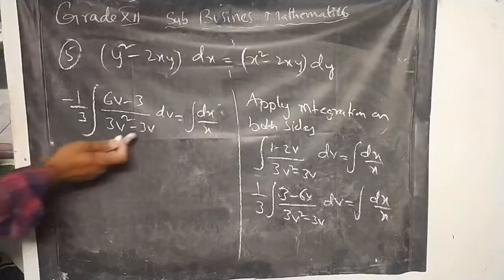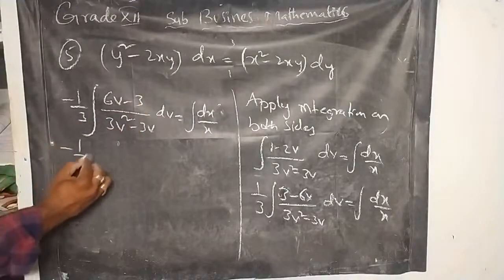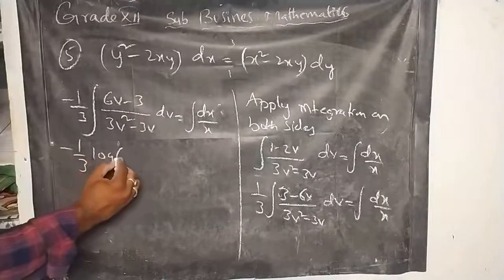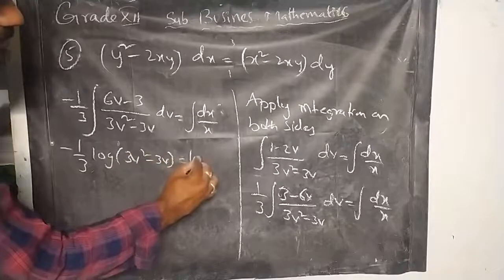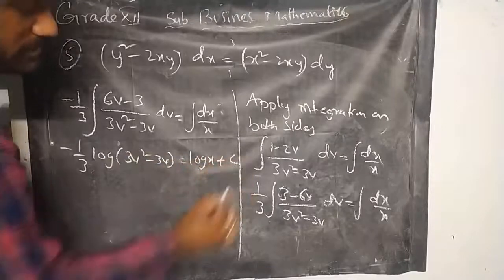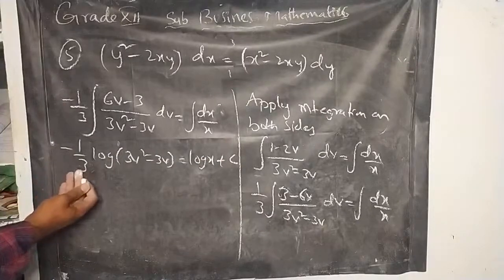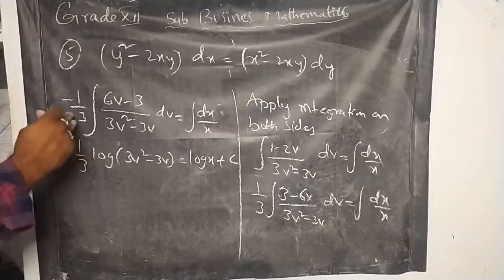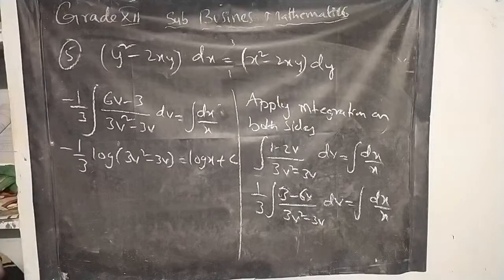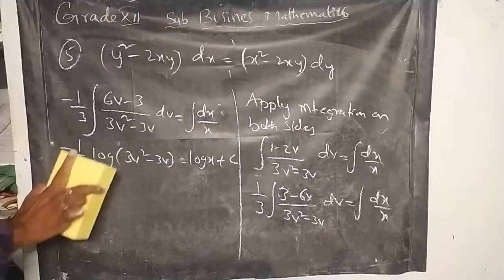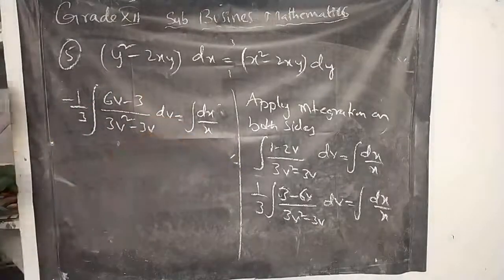Now it is in the form of integral of f dash of x by f of x. So we can use the formula 1 by 3 log mod f of x is equals to log x plus arbitrary constant c. Previous to this step, we will transpose this 3 to the other side, minus 1 by 3.